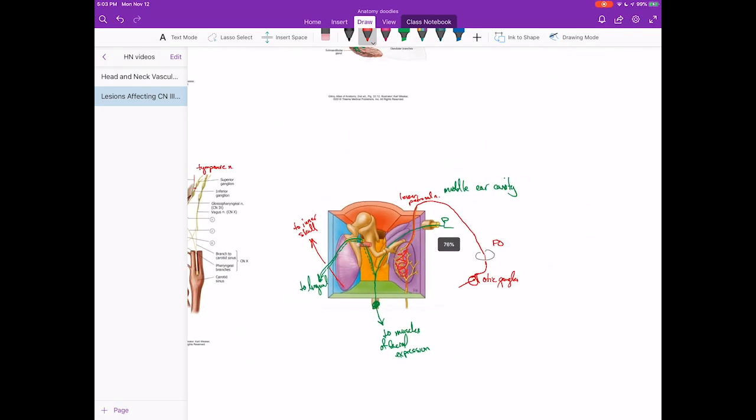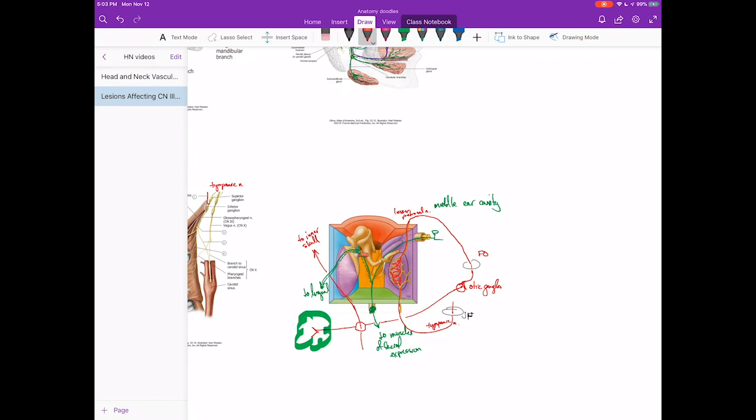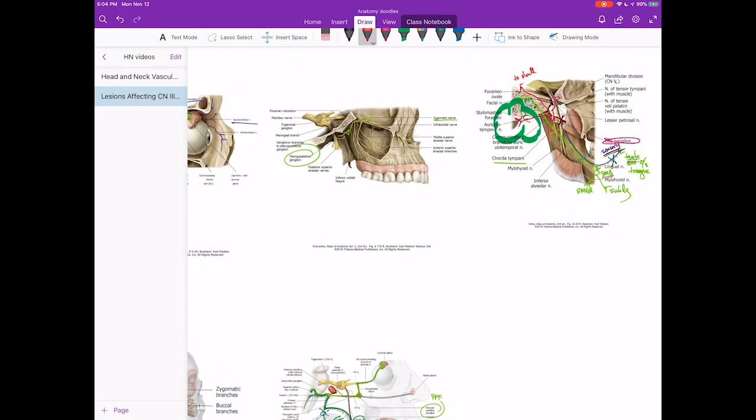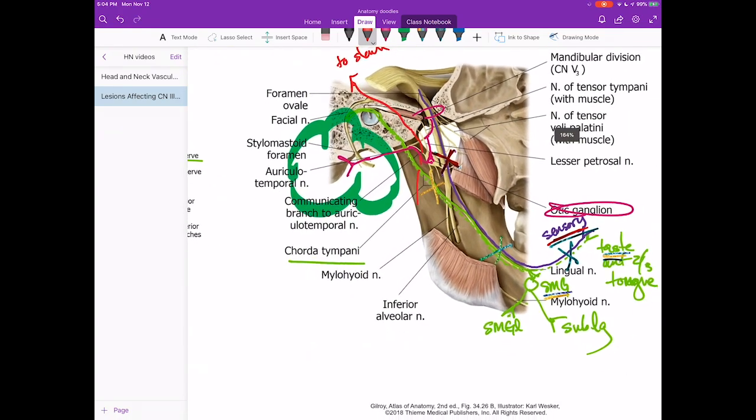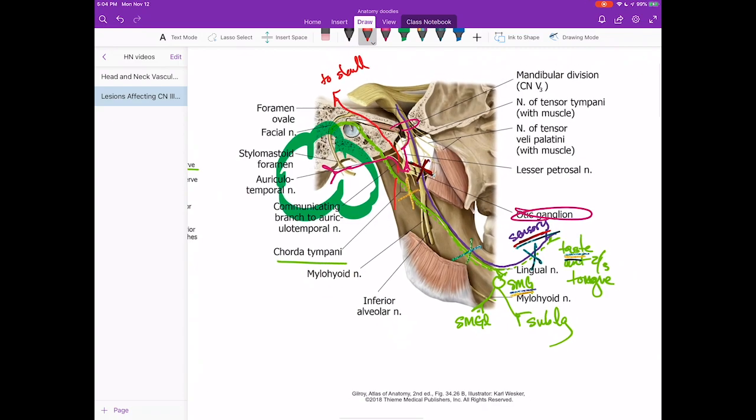Alright, so if we take a look at that figure again, this view of the box of the middle ear cavity is looking at it from the front. This view is looking at everything from the side. So you can see, I should use this color, the lesser petrosal nerve would have come down this way into foramen ovale and continuing with the auriculotemporal nerve and the parotid gland.